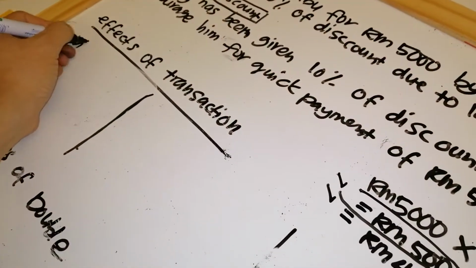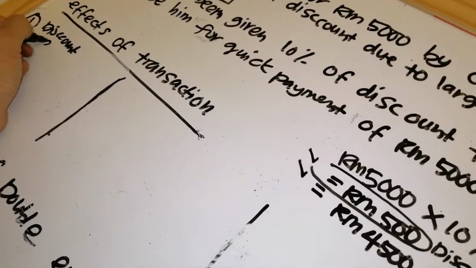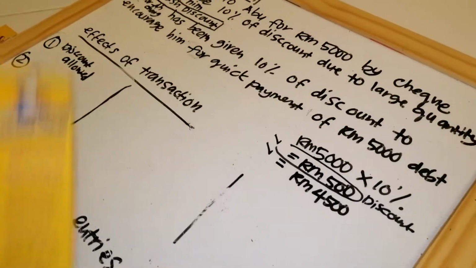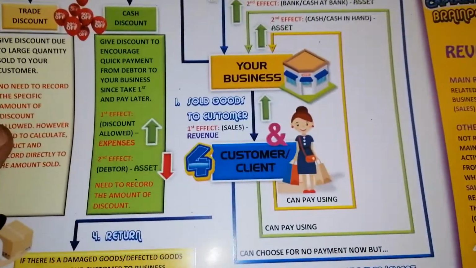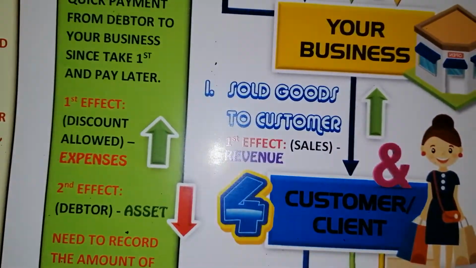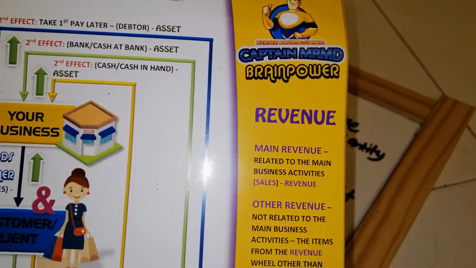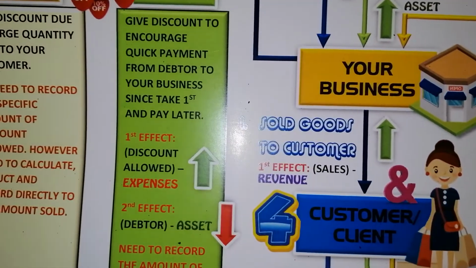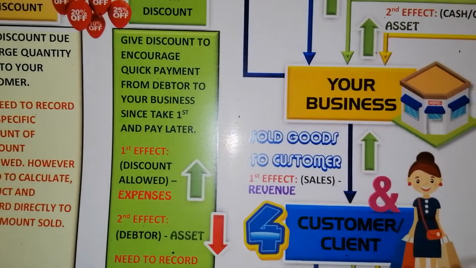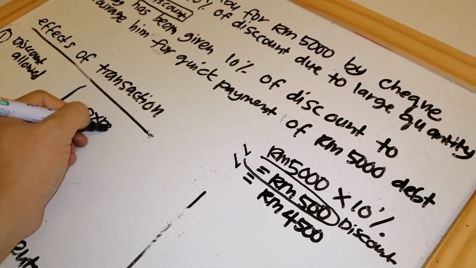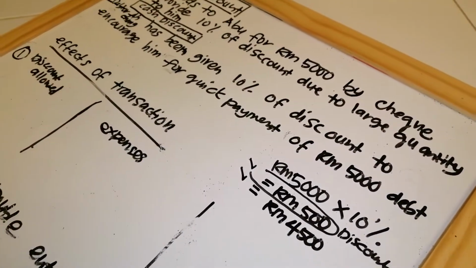So the first effect is discount allowed. And if you check from the circle of expenses, discount allowed is under expenses. Even if you check from the brain power revenue, discount allowed is under expenses. It will not be anywhere else. So you put it here, expenses.